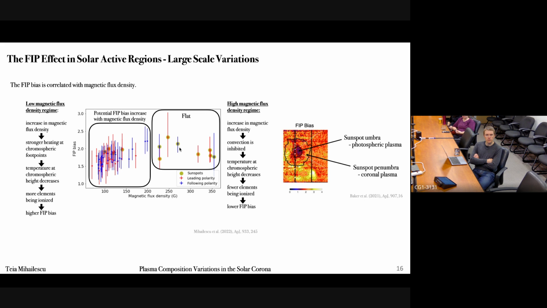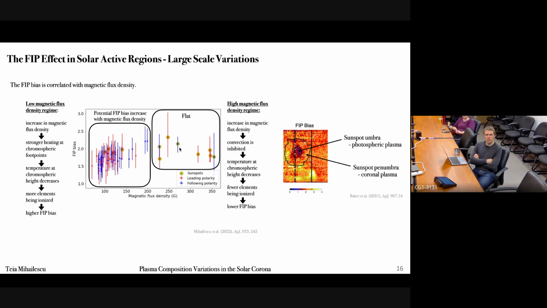In the sunspot umbra, even though the magnetic flux density is really strong, and this is part of an active region, the umbra shows values almost close to photospheric. So there must be something about this really high magnetic flux density that's making the FIP effect stop, essentially.